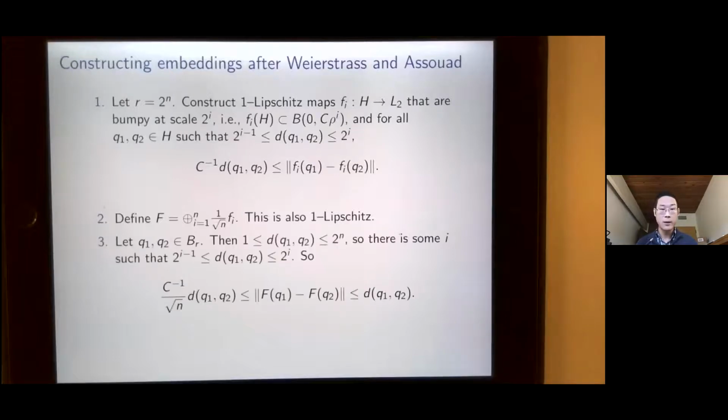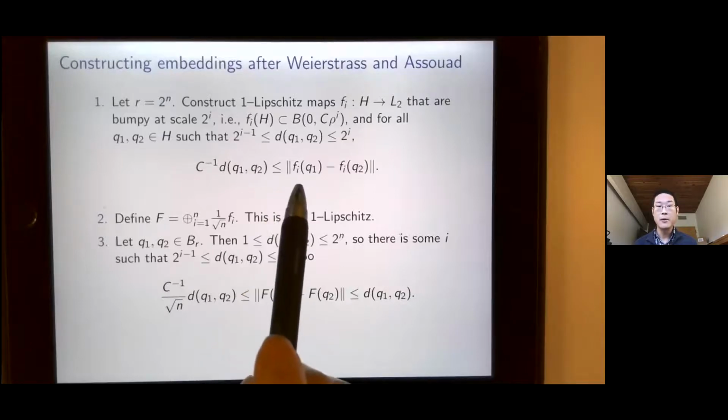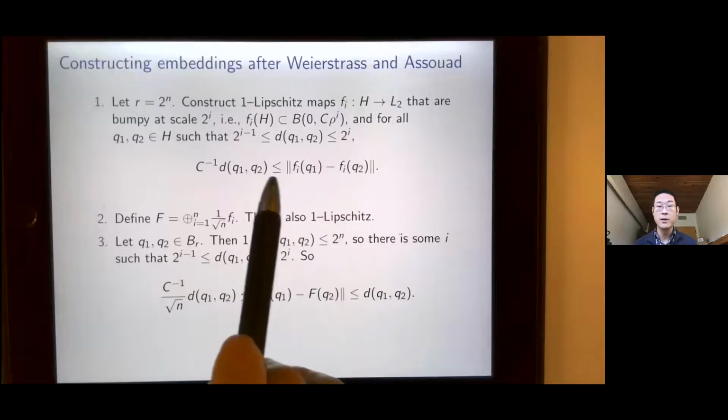Because if I take 2 points in B_R, then these are points in the integer lattice, so they can't be too close together. The distance between them is at least 1. And they're points in the ball of radius r, so the distance between them is at most r, at most 2 to the n. So that means that there's some i so that the distance between Q1 and Q2 is close to 2 to the i. And that means there's some f sub i so that the distance between f sub i of Q1 and f sub i of Q2 is at least C inverse times the distance between Q1 and Q2.